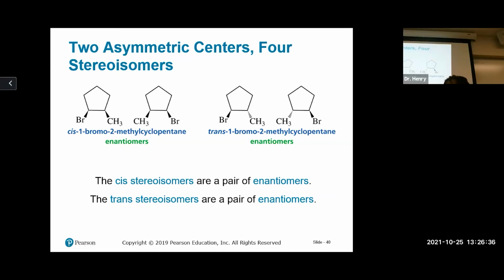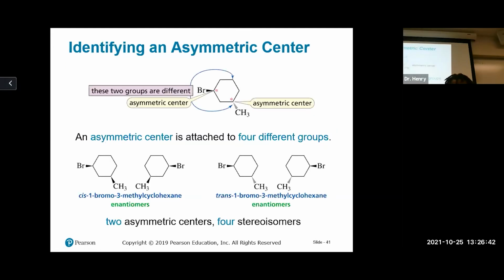Okay, so here, the first thing that we always want to do is try to identify our asymmetric center, right?